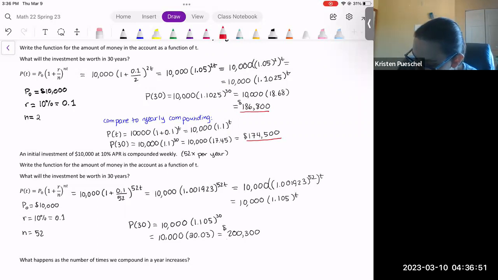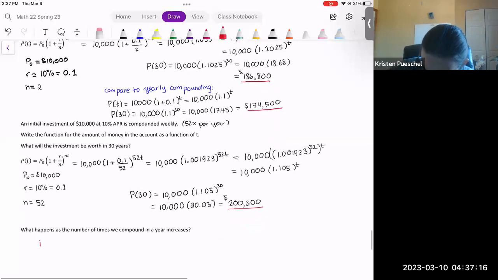If we compound 52 times a year, so every week, we have $200,300. So what I'd like you to look at is what happens to this value as the number of times we compound in a year increases.